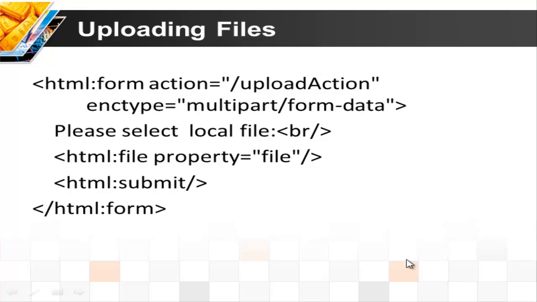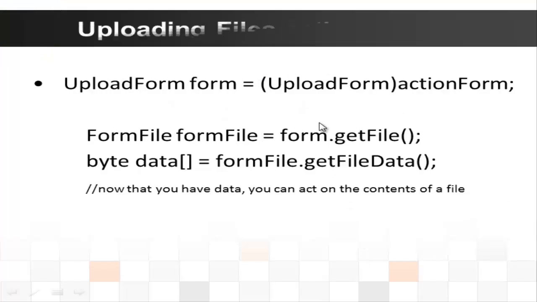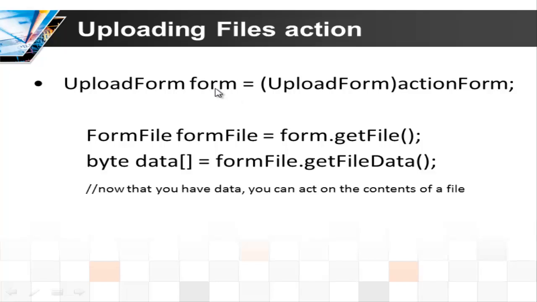I am sending this from the HTML page to the other side. So from the form, I just say getFile. I get an object of type FormFile. From this, get the binary data using getFileData and do anything after that.